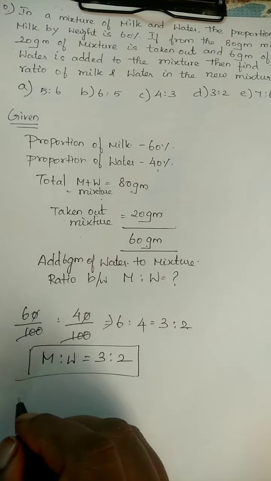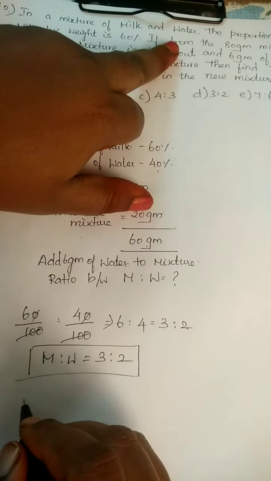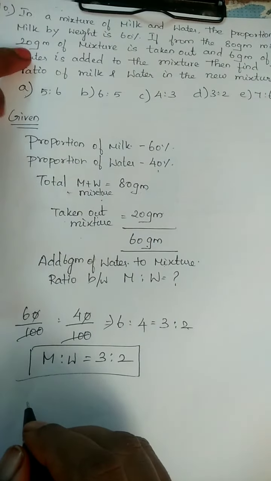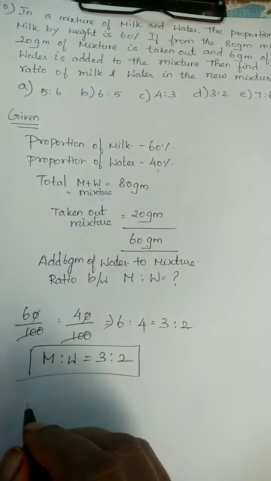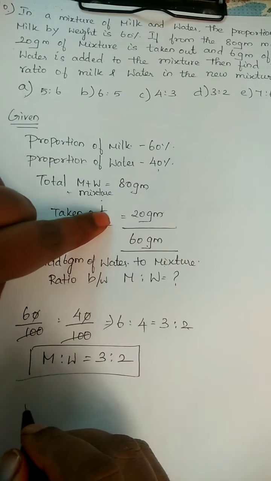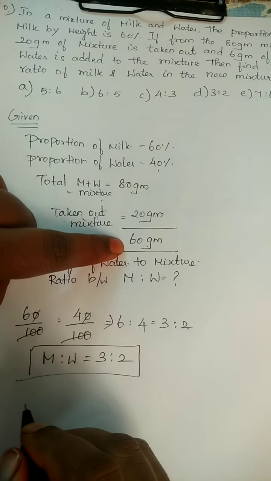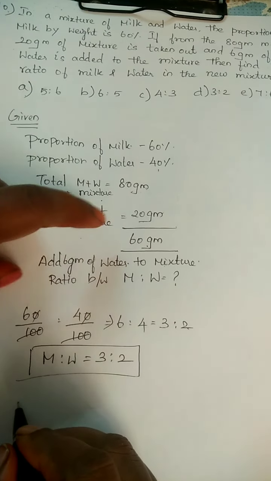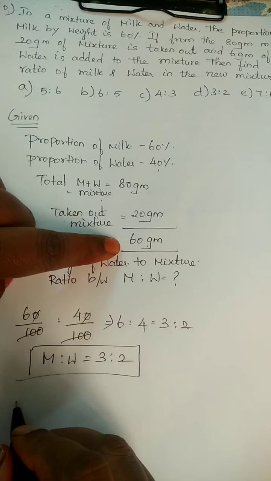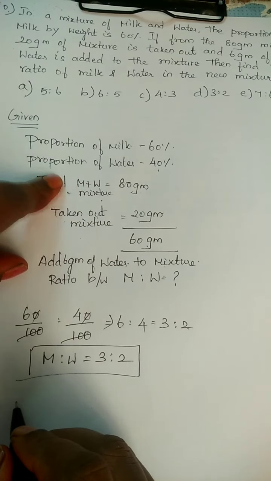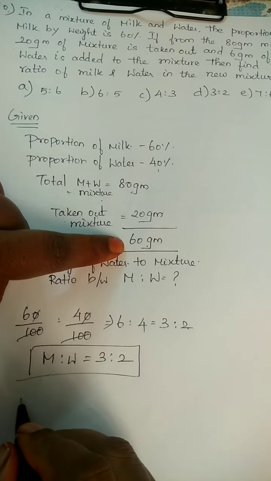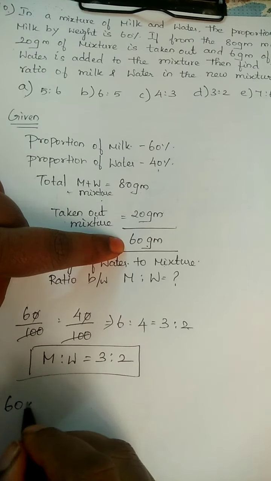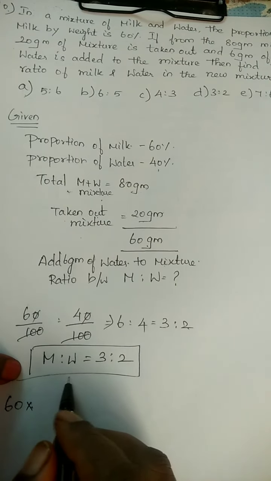Now, from the 80 gram of mixture, 20 gram of mixture is taken out. We will get 60 gram. Using this 60 gram, the new mixture after taking out from the total mixture is 60 gram. What's the milk ratio in 60 gram?